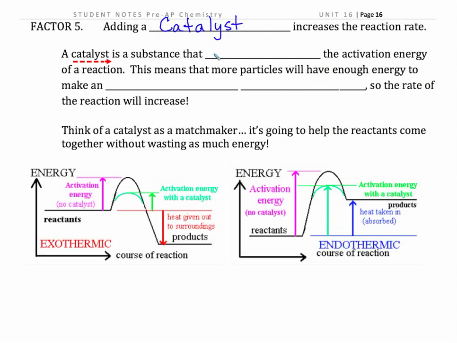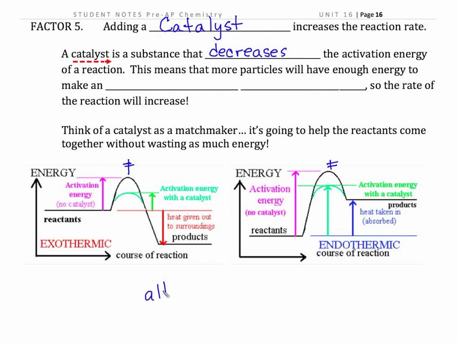And what a catalyst does, it's a substance that decreases the activation energy. Remember here we have that activated complex up at the top. What it does is it provides an alternative pathway.